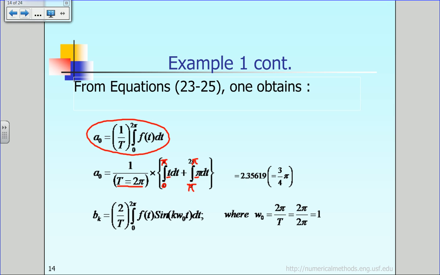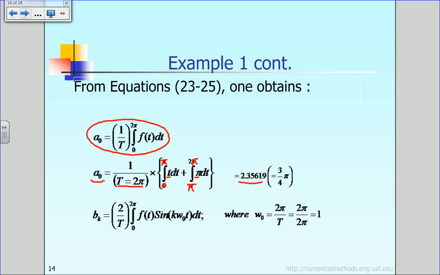Then we come up with the numerical value for the constant a0, which is 2.35619, the same thing as 3 pi divided by 4. So we have finished the evaluation of the constant a0 for the Fourier series.